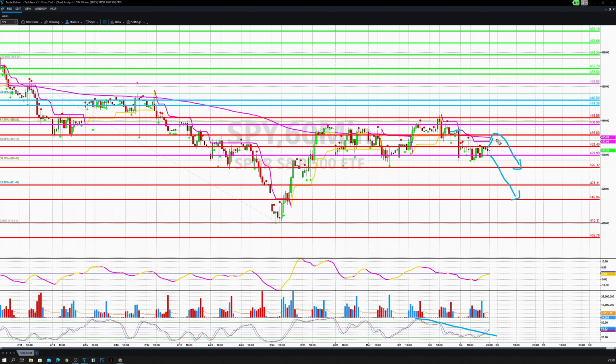So be careful, guys, because any move, you can see already here it moved above the 50. So it just needs to reach a little bit more to create another short continuation, and then boom, move to the downside. So this is for the SPY. Let's continue with the QQQ.